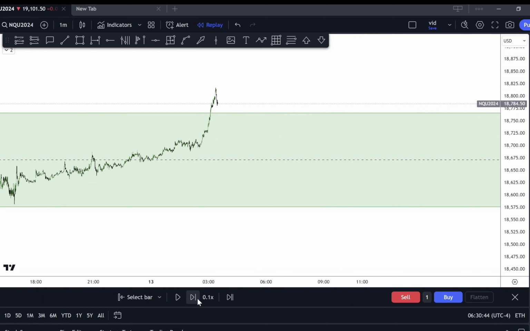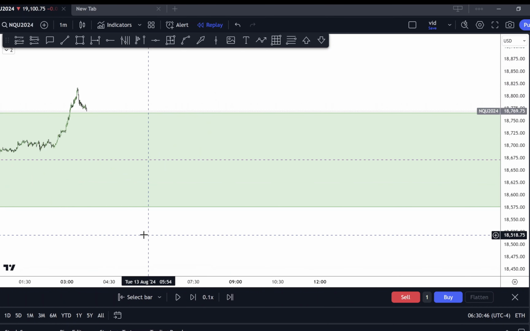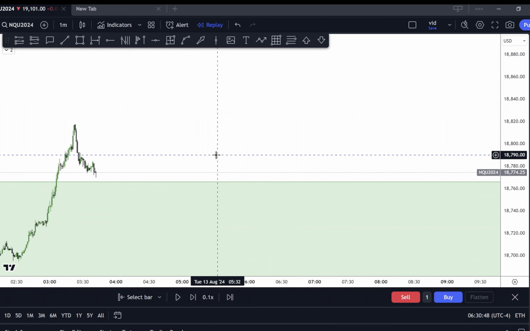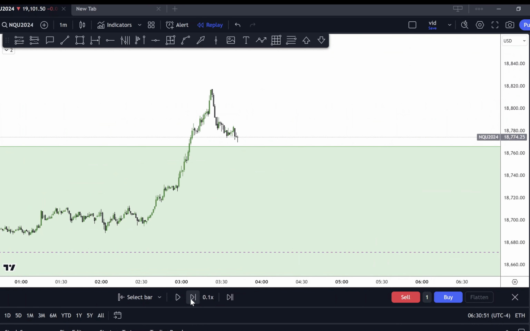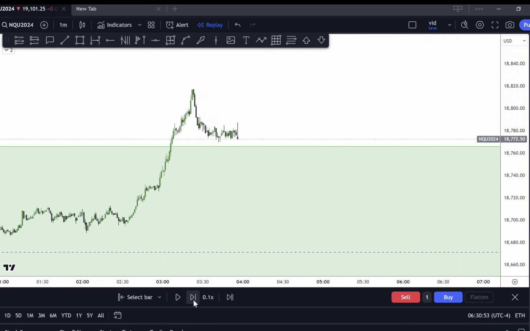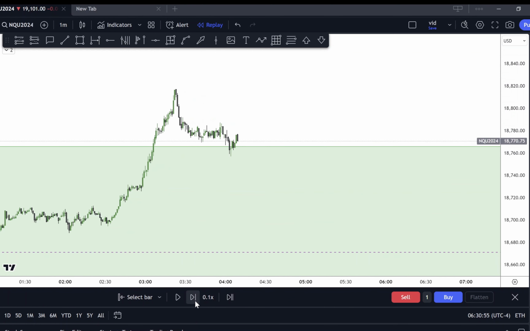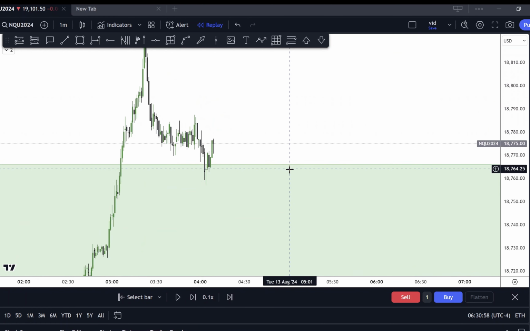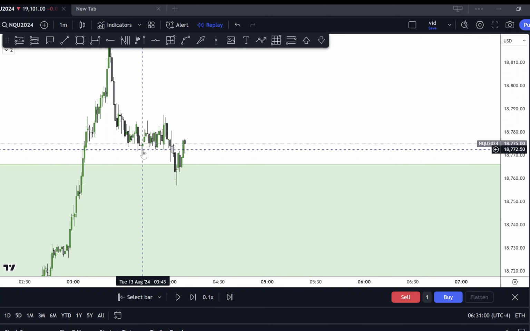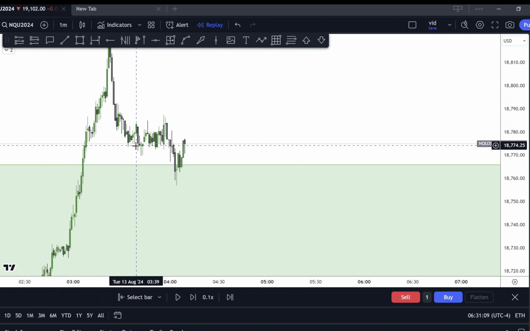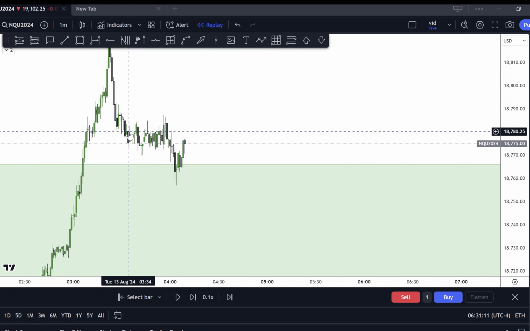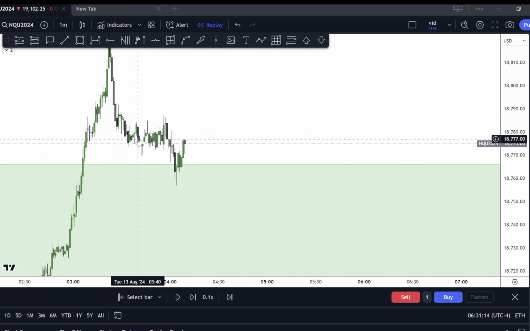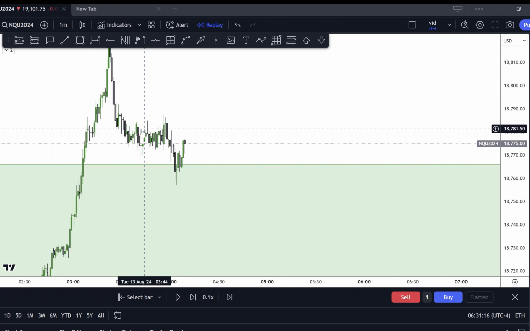Now let's continue. Okay, so we created now this zone. So this was the last down close candle in here. I think it was this one, and we closed, no, it was this one, and we closed above it here.